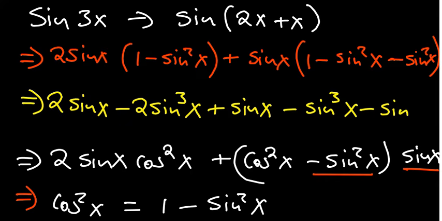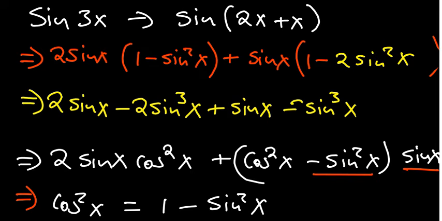Why didn't I add these? These are like terms. We can simplify that, giving us minus 2 sine cubed of x. Any like terms at this point?